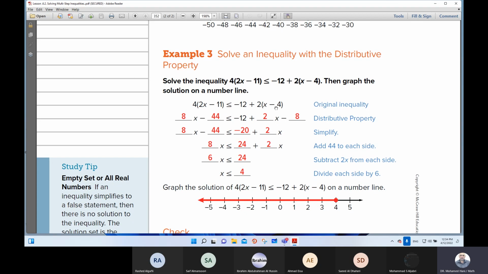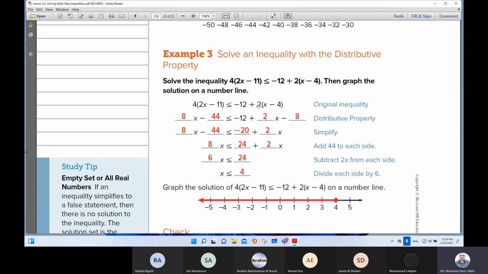To solve this inequality, on the first side we have 4 multiplied by (2x minus 11). You can use the distributive property. 4 times 2x will be 8x. 4 times minus 11 would be minus 44. Less than or equal to minus 12.